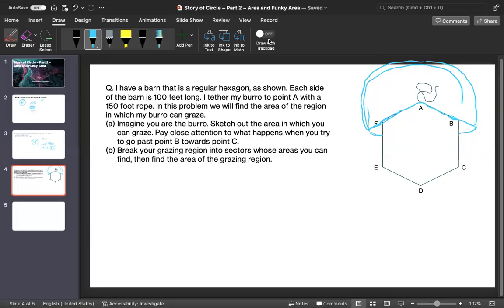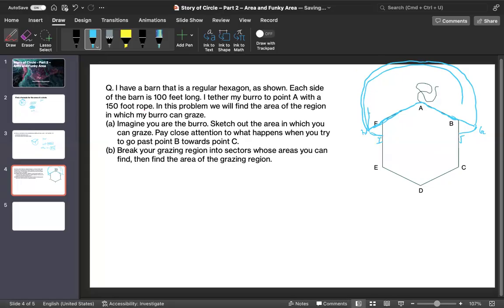So now we have to find the area, right? For that, we're going to make some points. We're going to call this H, I, J, G. So now let's find out the angles of the hexagon.